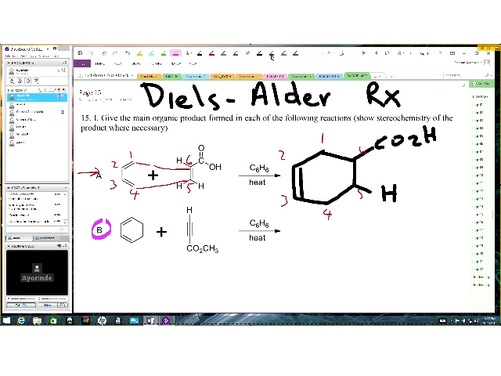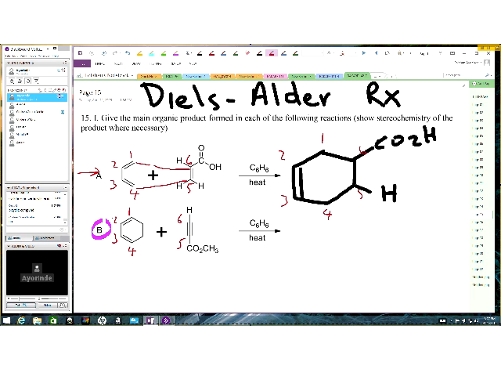I will get this. Go ahead and number the carbons involved in the conjugated system as 1, 2, 3, 4. So we say this is 1, this is 2, 3, 4. Then the carbons of the dienophile, we say this is 5, and this is 6.